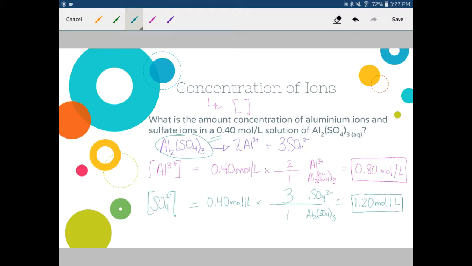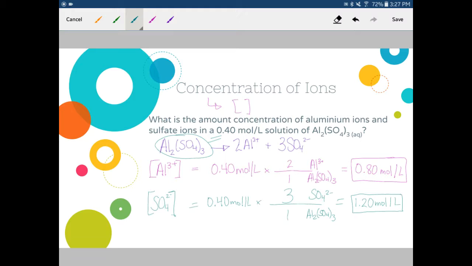So if I need to calculate the concentration of one of my ions, I have to look at the balanced dissociation equation or ionization equation, to then get a value of my mole ratio to plug into to solve for my individual concentrations.